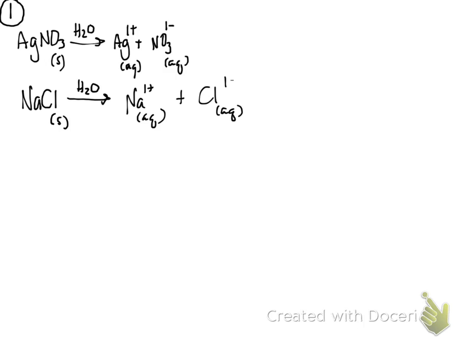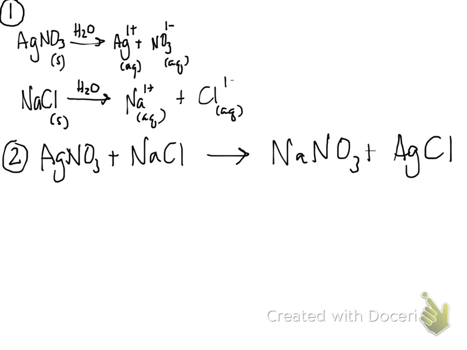Step 2 is a skill that we learned back in Chapter 8. We're going to predict products. So if we combine these two things, the potential products are sodium nitrate and silver chloride. Now, we know that this was in aqueous solution. This was in aqueous solution. We don't know what state these are in until we look up their solubilities.